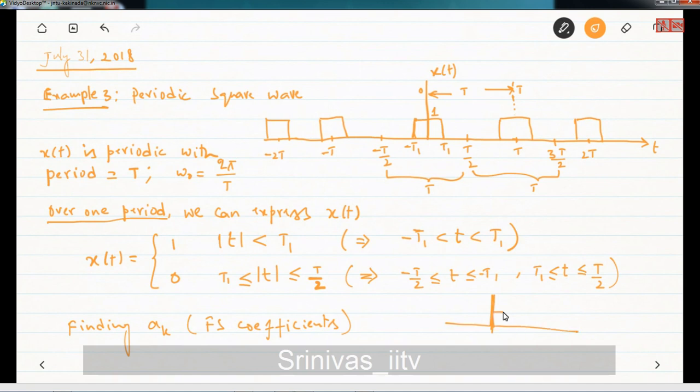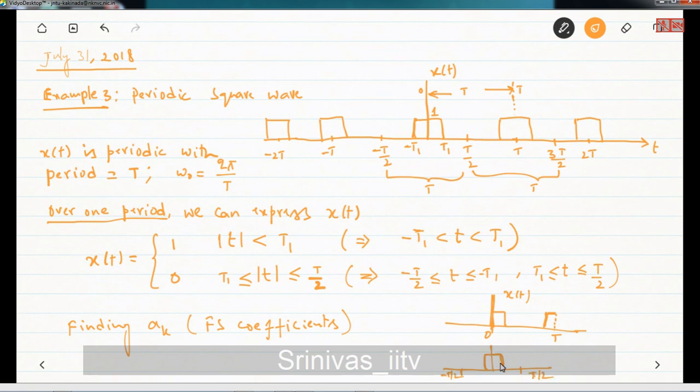If I take it from 0 to T, the waveform will be somewhat like this. This is 0 and this is T. Whereas if I take the integral from minus T by 2 to plus T by 2, I'll get a waveform like this. This is minus T by 2, this is T by 2.